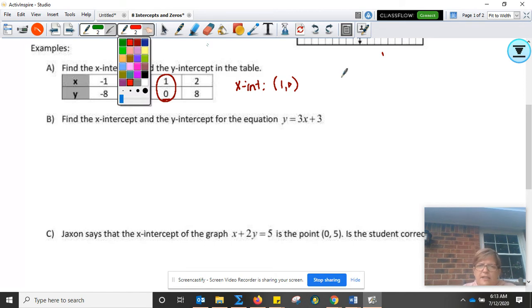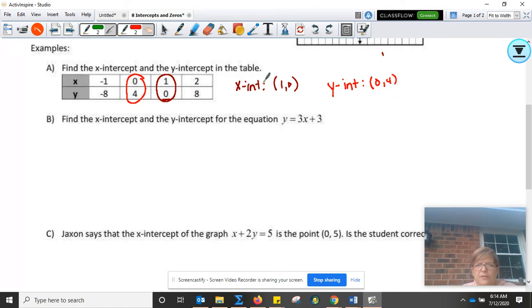And your y-intercept is where the graph crosses the y-axis. Okay, so you want to look to see where x is 0. So x is 0 right here. So that ordered pair would be (0, 4). So there would be your x-intercept and your y-intercept of that table.